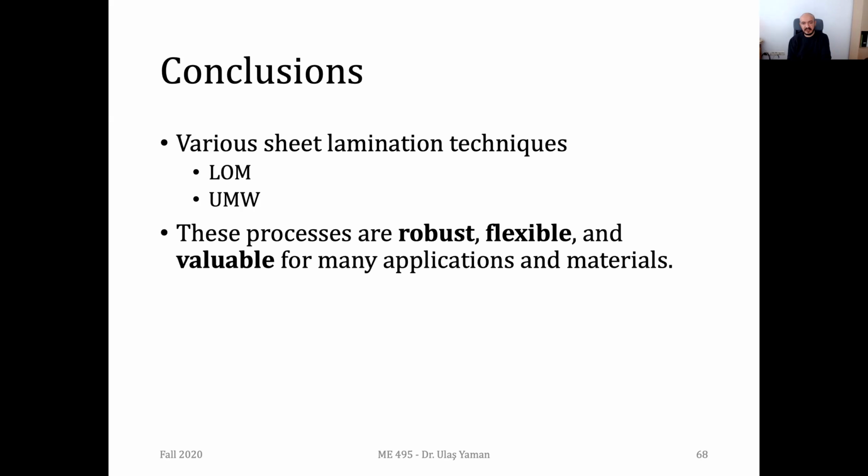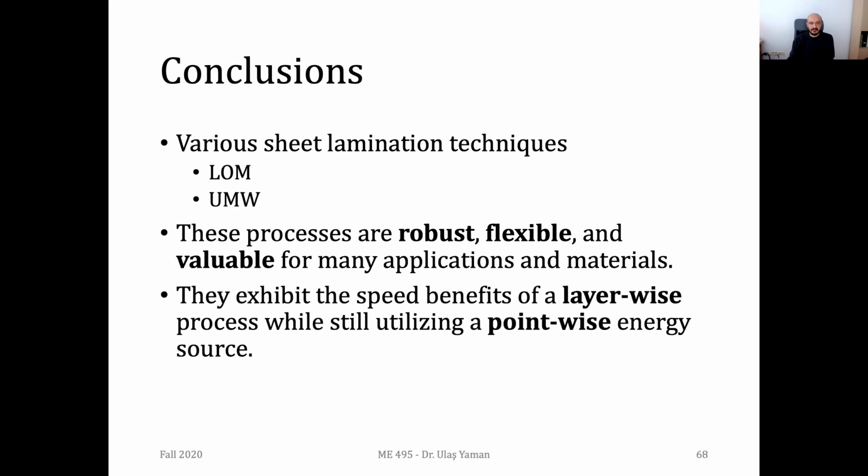All of these processes are quite robust compared to the other additive manufacturing processes. They are flexible since you can use different materials and also embed some special components inside these products. Another main property of these processes is that we are making use of layer-wise additive manufacturing.